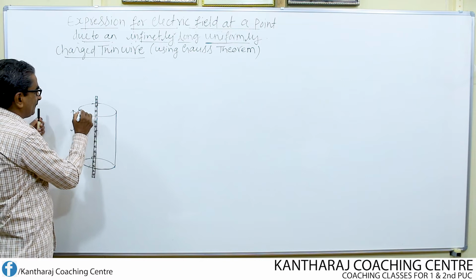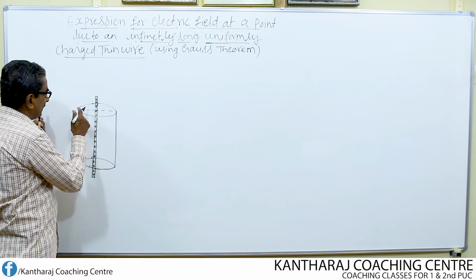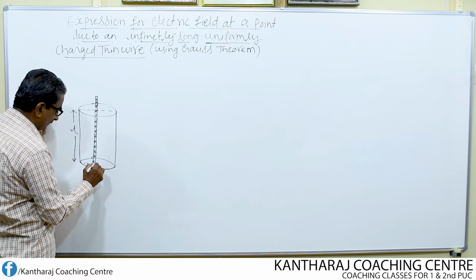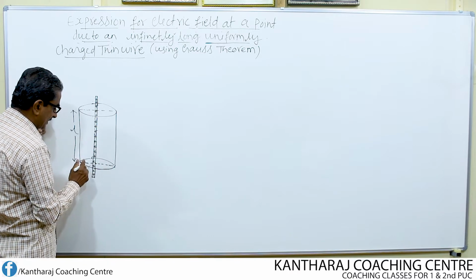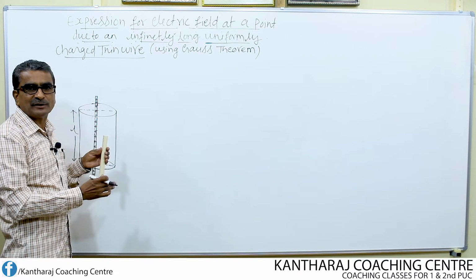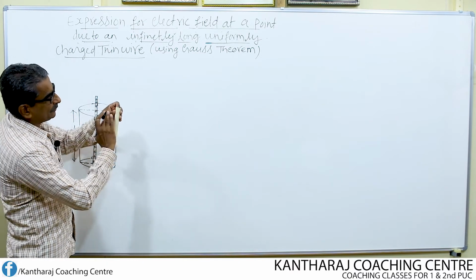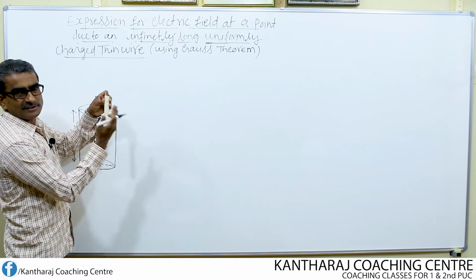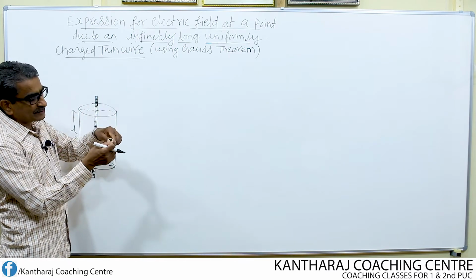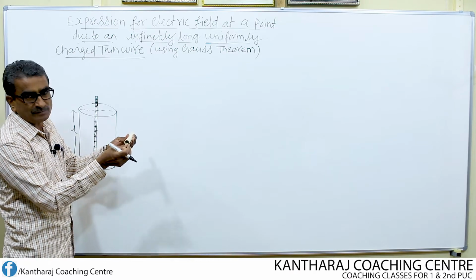So right from here to here. Understand? Entire Gaussian surface means find out the flux coming out from this entire curved surface, and also from this face and also from this face.